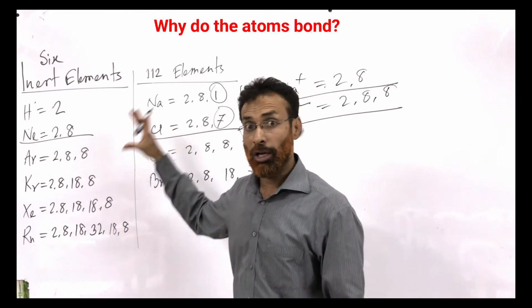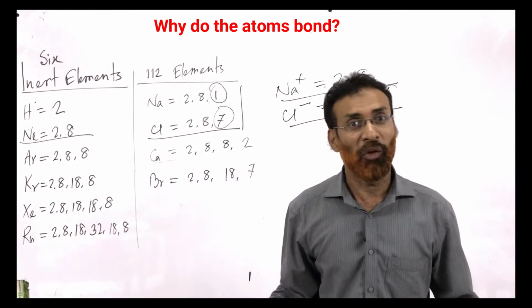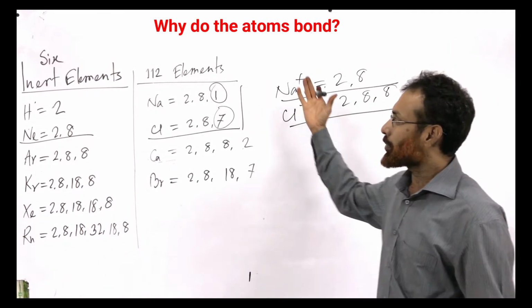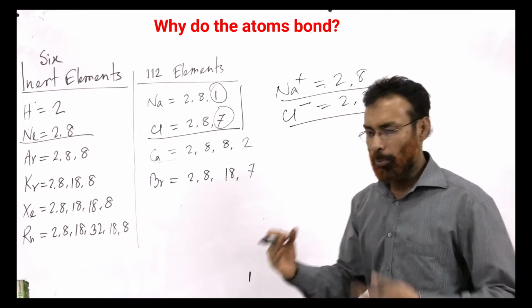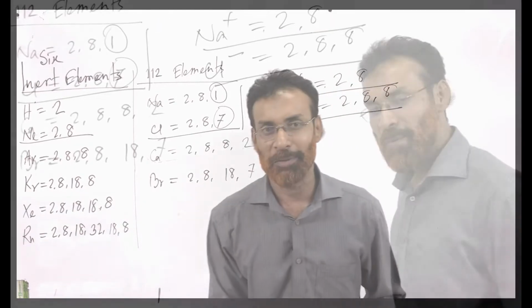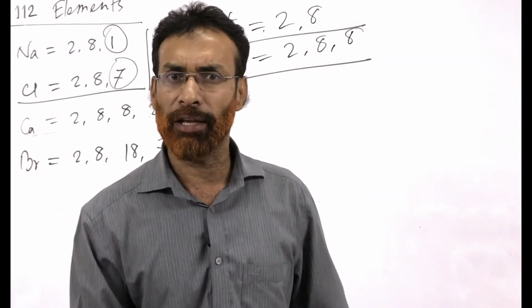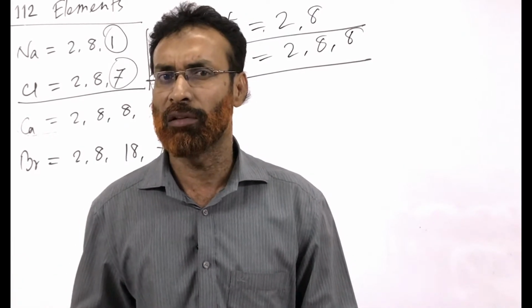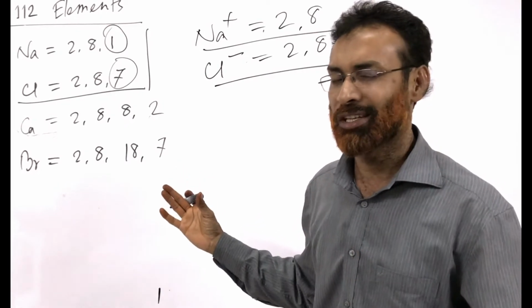Some elements are lucky, they already have this electron configuration. This is really the beauty of creation. Sodium gets that electron configuration, chlorine also gets this electron configuration by losing or gaining electrons. And when they lose or gain electrons to have an octet, an outer shell full, they are no more atoms. They form ions, oppositely charged ions.